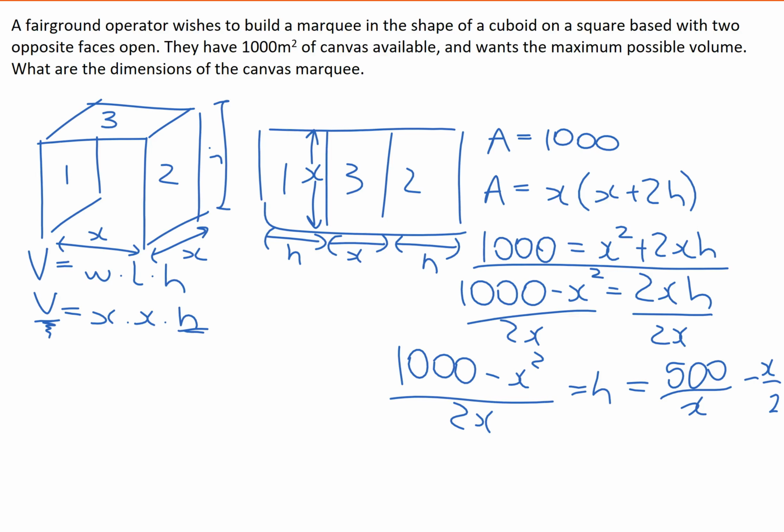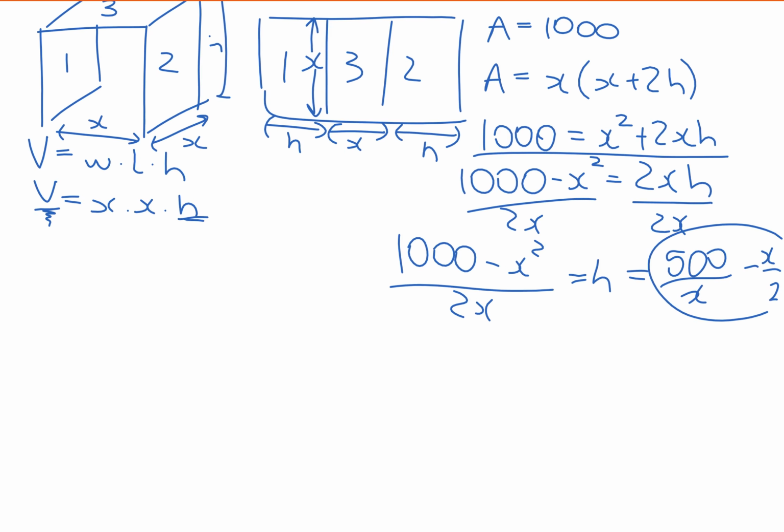Okay, so I've figured out my h. There's my h over here. Now hopefully that is right. Just double check it, looks right. Yep. So I'm going to substitute that h into this h over here. It's going to be x squared, because x times x is x squared, times, in brackets, 500 over x minus x over 2.